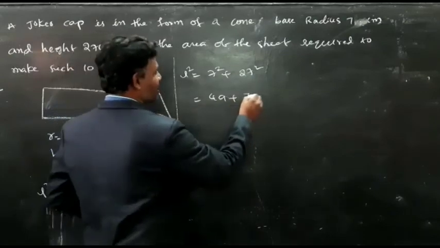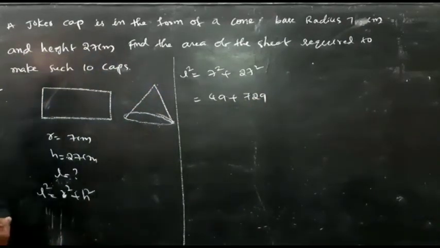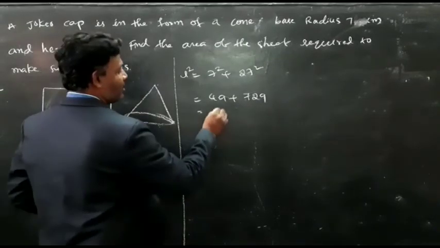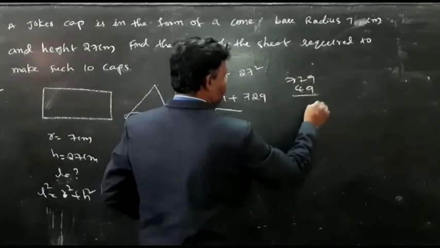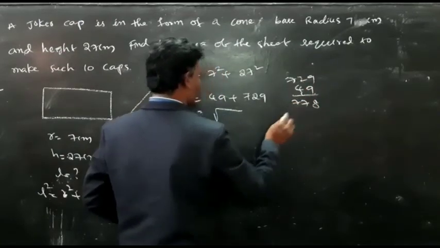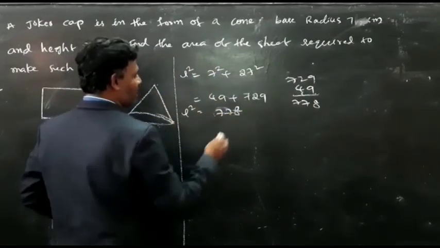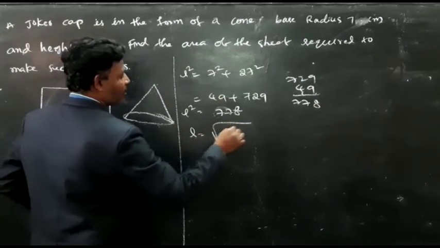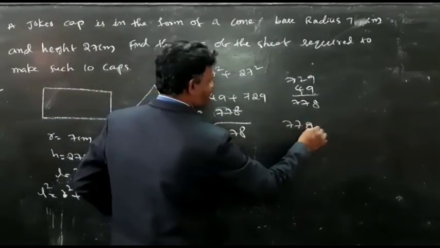Then 49 plus 729: 9 plus 9 is 18, 4 plus 2 is 6, 6 plus 1 is 7. So it is 778. L square is equal to 778. Then L is equal to under root of 778. You have to find the square root of 778.